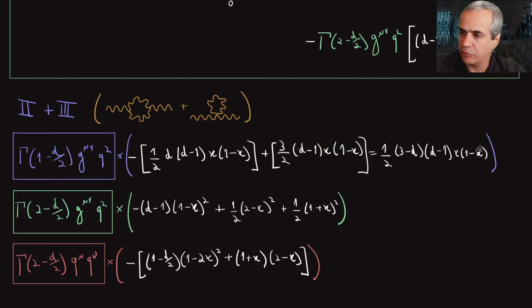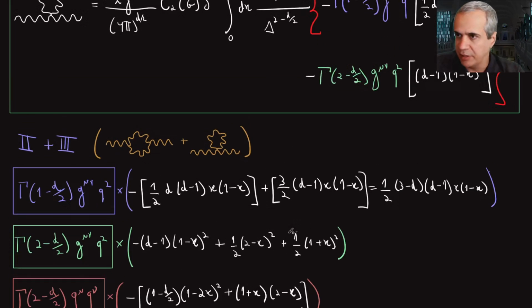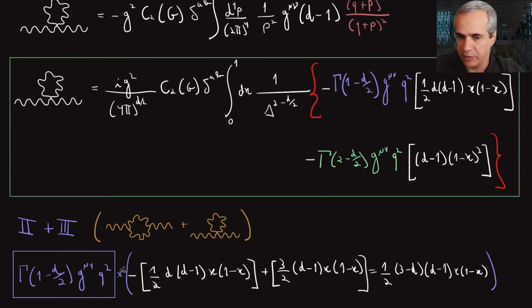To see what happens to each of these structures when I sum these two loops, here I have the term that multiplies each of those three structures when I add up loop 2 and loop 3. So for instance, this part right here, you can recognize from here. You see this part is exactly what I have here with the sign up there, and this is what is multiplying these structures.